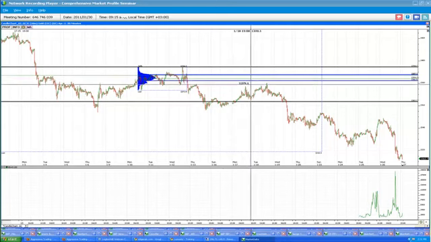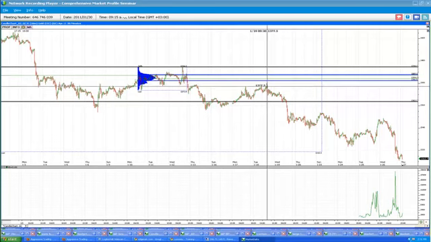Now you guys know what happened afterwards, but this is actually a spot where a lot of our room members went short. They actually got short at 77.70. I think, Robin, you took that trade, didn't you? Now, this is a very aggressive trade, isn't it?